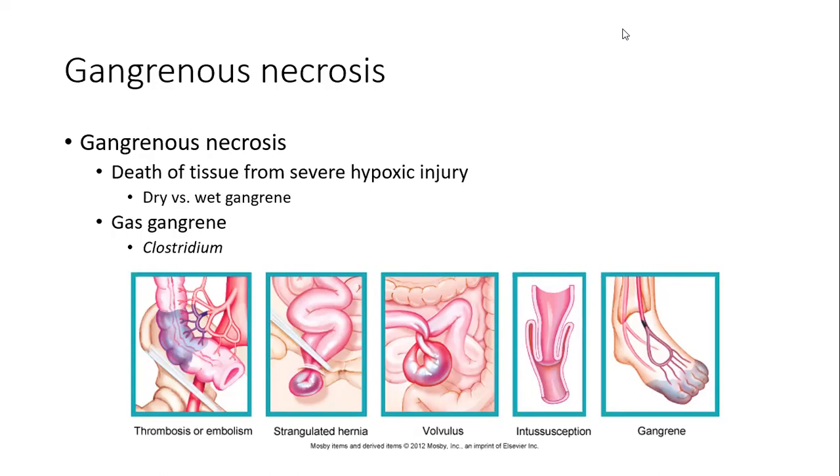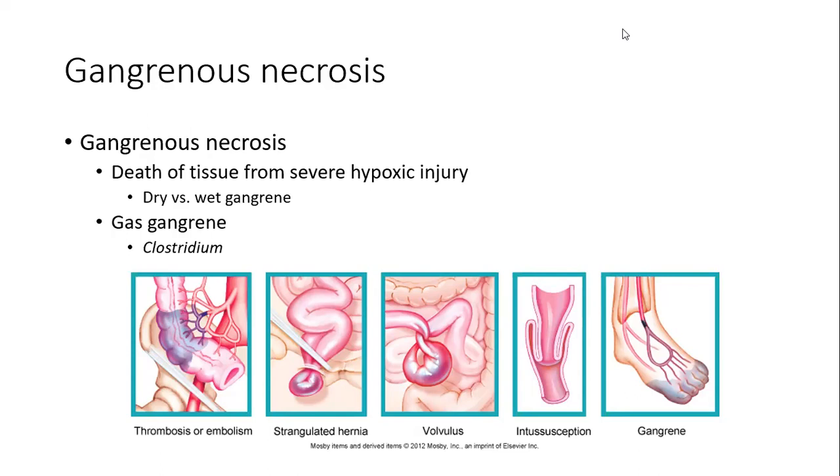Usually the extremities are cool and pale because there's not very good circulation, but it's localized. Wet gangrene is when the infection invades the deeper tissues and is no longer walled off, so there's an active goopy infection.